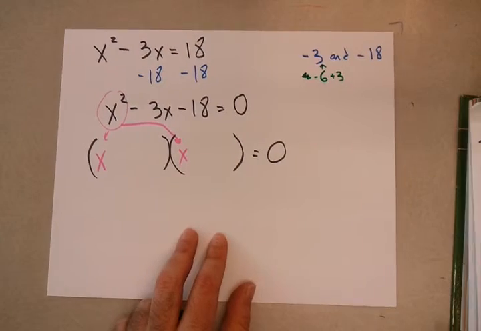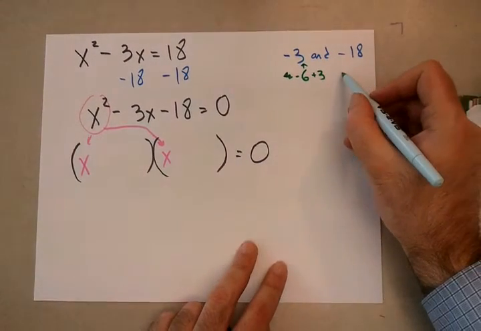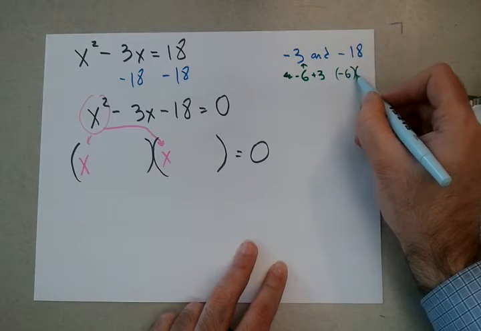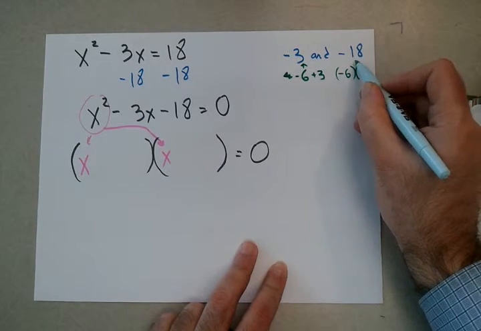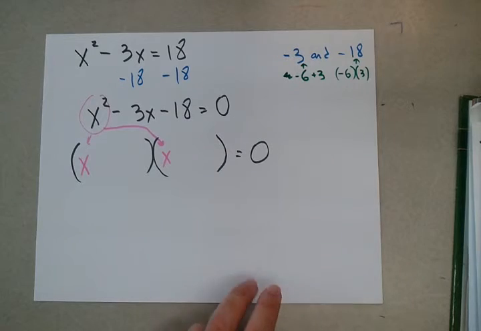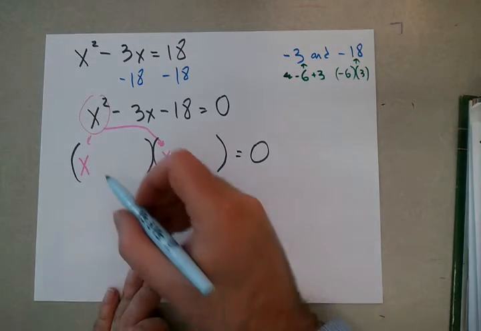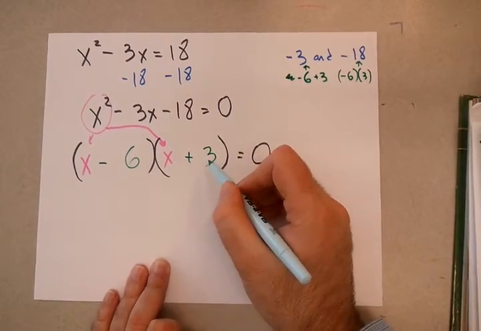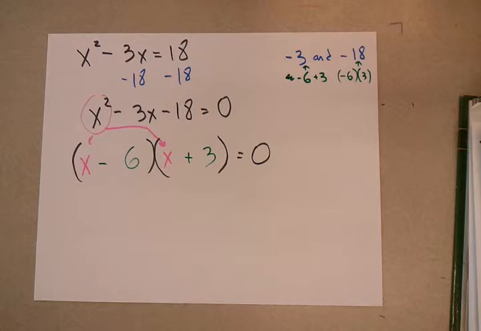Yay, good. And then over here, -6 times a +3 is going to yield us a -18. Perfect. That's probably going to work for us. -6 and a +3. All right, so now we have everything filled in.